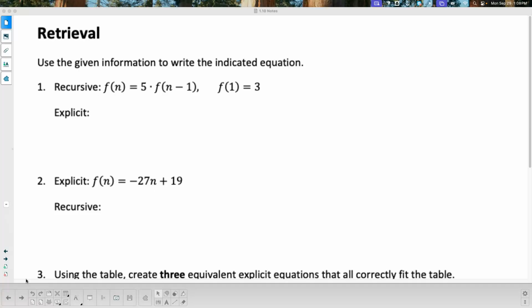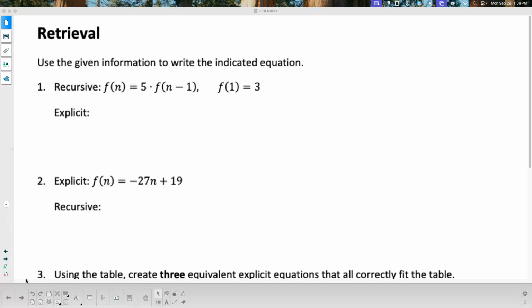Okay. So what do we know based off of that one? We'll keep building off of what we just learned. Okay. So Anna said that we multiply by 5 to get the next term.